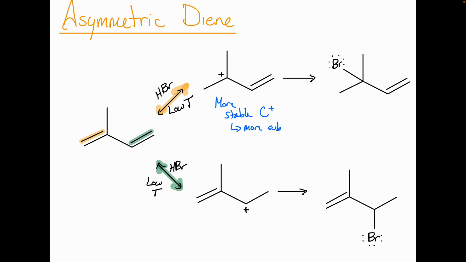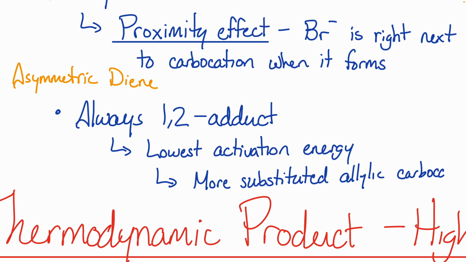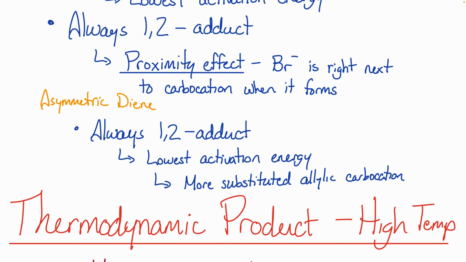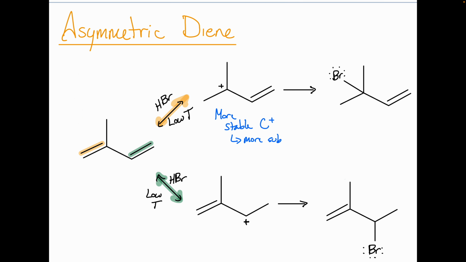And since my lowest activation energy is what's going to lead to my major product at low temperatures, yes, we want the lowest activation energy, which means we're looking for the more substituted allylic carbocation. All right, so at low temperatures, this 1,2 product would be preferred over the other one because it's got the lowest activation energy barrier.